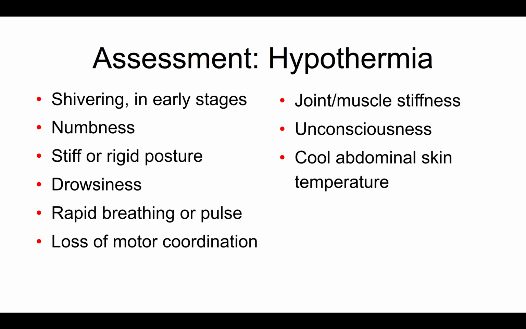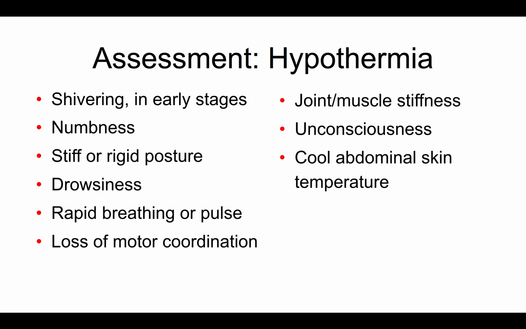So, assessing a hypothermic patient. Initially, they're going to be just shivering. It's your natural response to getting cold. Shivering generates some heat. When you get down to around 94, 95 in your core temperature, you stop shivering. The patients will complain of numbness in their extremities.